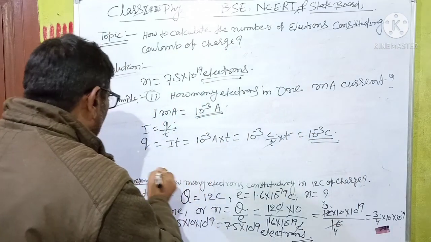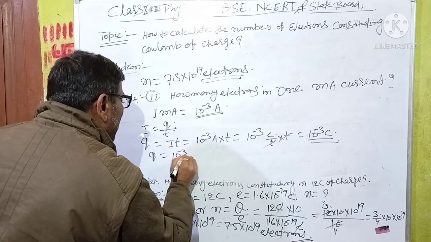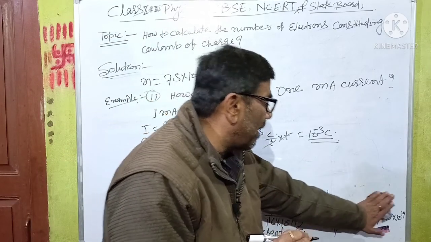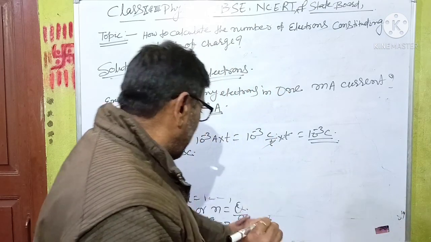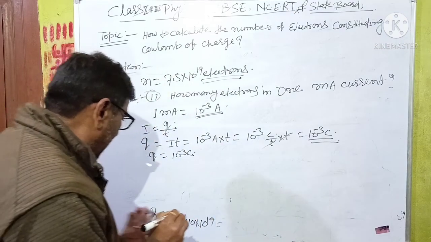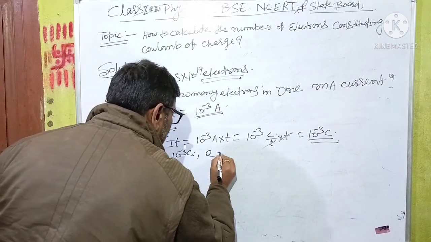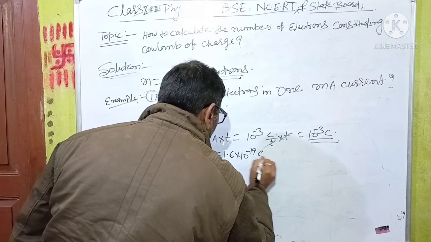So Q is equal to 10 to the power minus 3 coulomb, and we also know the value of the absolute charge, which is 1.6 into 10 to the power minus 19 coulomb.